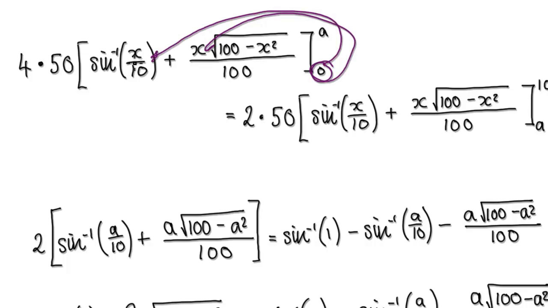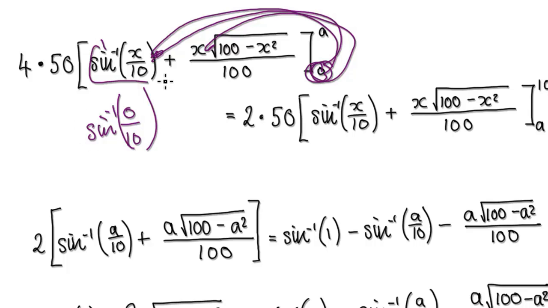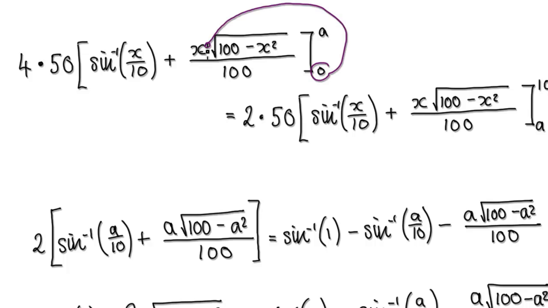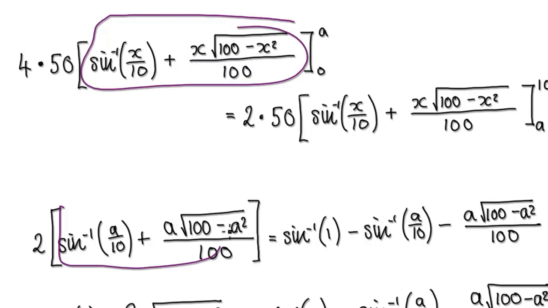But the inverse sine of 0 over 10 is actually 0. So when you put 0 into here, this whole block here disappears. And then if you put 0 into here, you've got 0 times something here, so the whole thing would be 0. So it's pointless putting 0 in here. So this whole thing here will then become this.